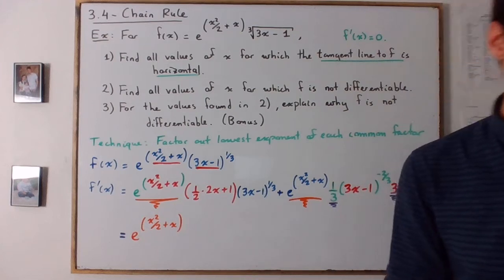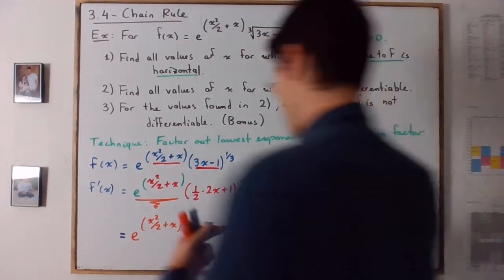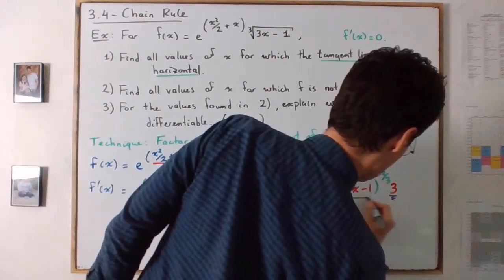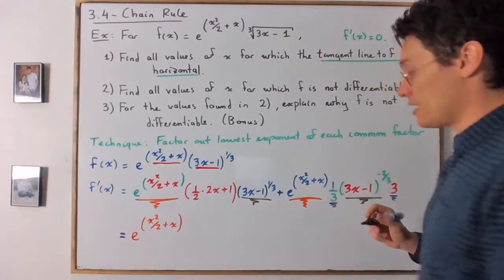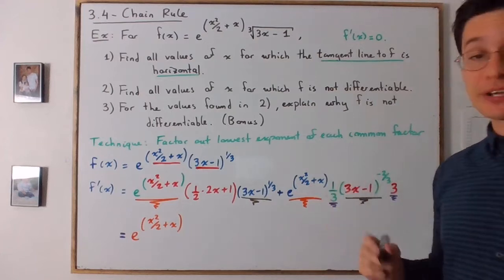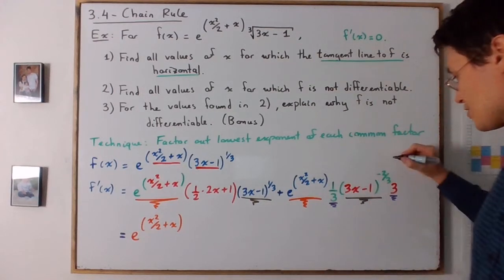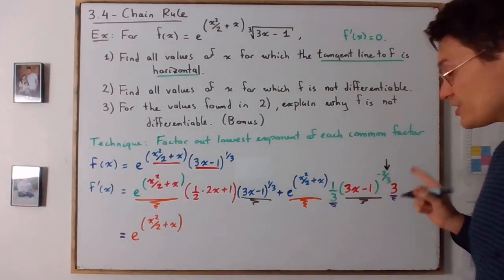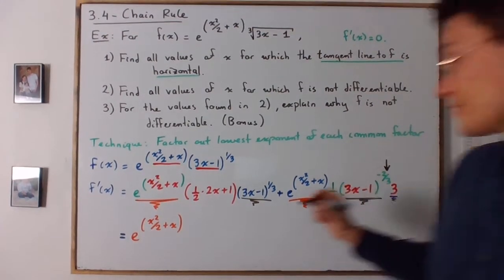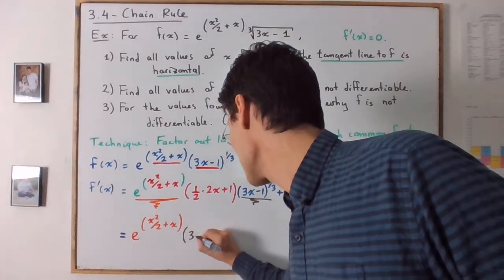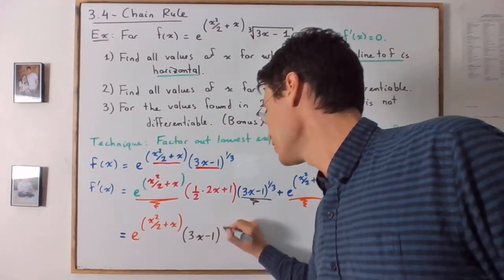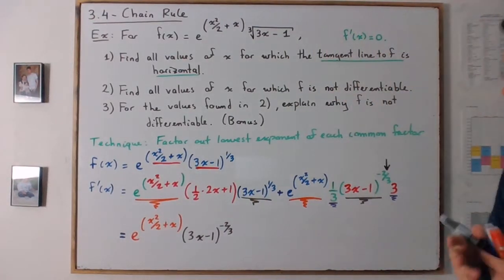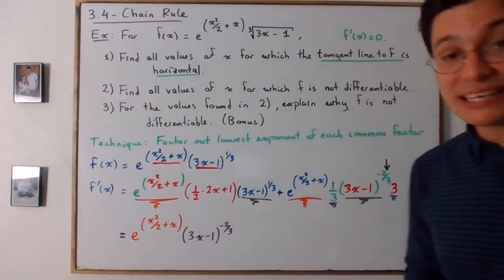Then another common factor turns out to be this, but it doesn't have the same exponent, so that's what I'm talking about. What you want to do is to factor the lowest exponent of it, which is the negative 2 over 3. So that's going to become 3x minus 1 to the power of negative 2 over 3. After that, there's nothing else to factor.